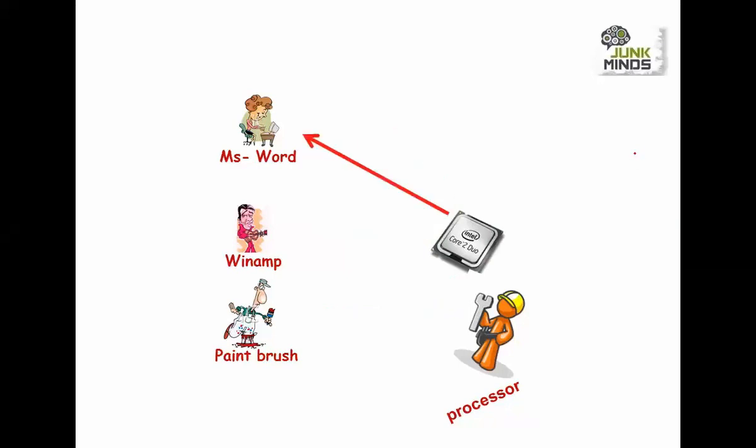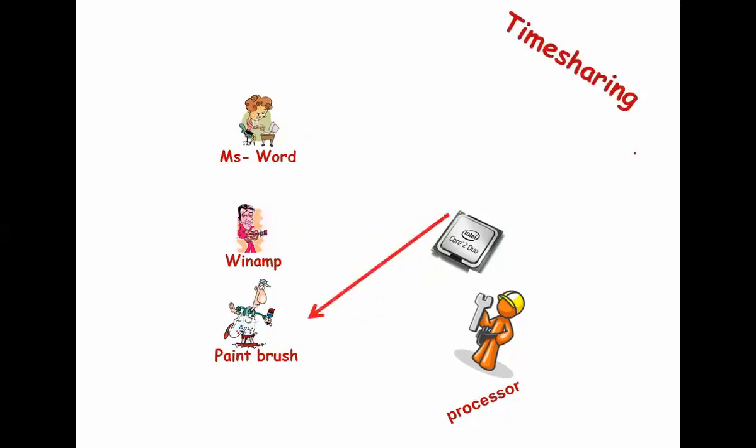So what happens is your processor will, for some time, process MS Word, then it'll process Winamp for some time, then it'll process Paintbrush, and then go back. So this cycle goes on. It keeps typing for some time, it keeps singing for some time, it keeps painting for some time, and this will go on. So this is how your processor actually supports all these applications one after the other. Ideally, I should have drawn it like this.